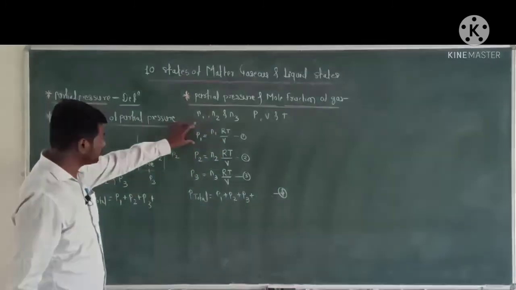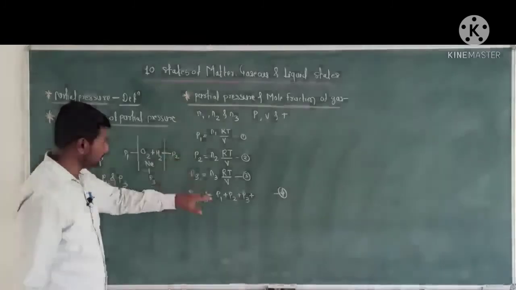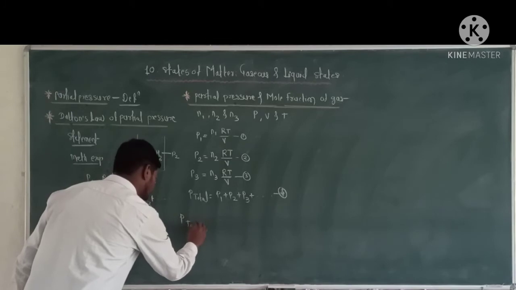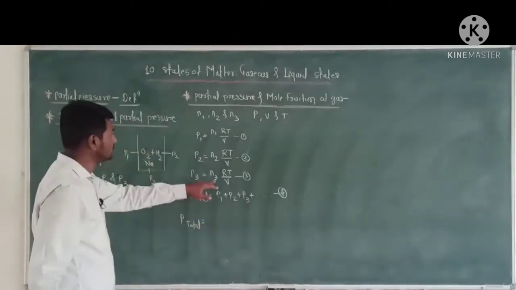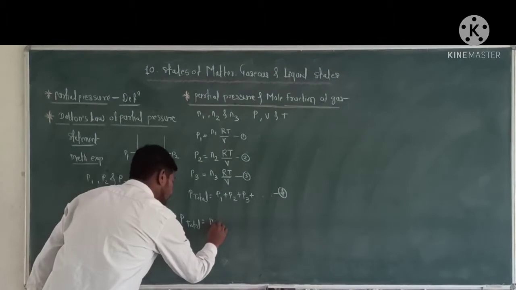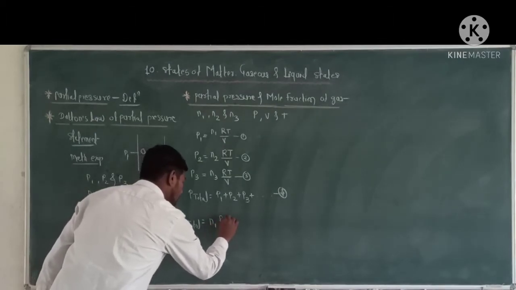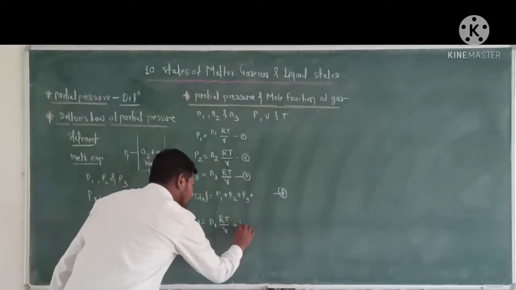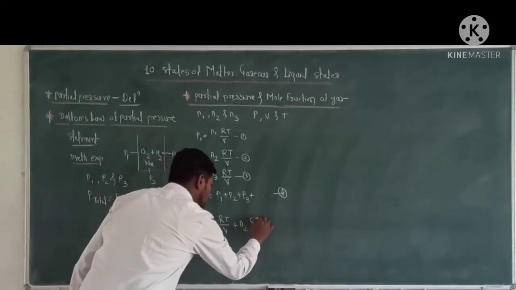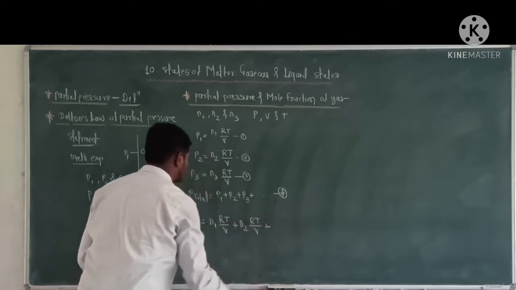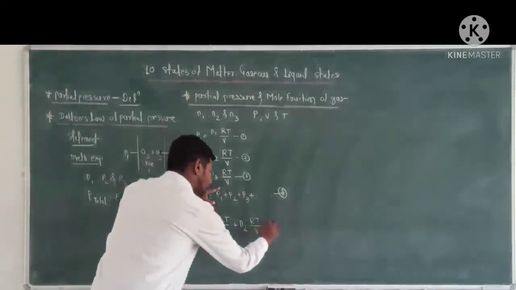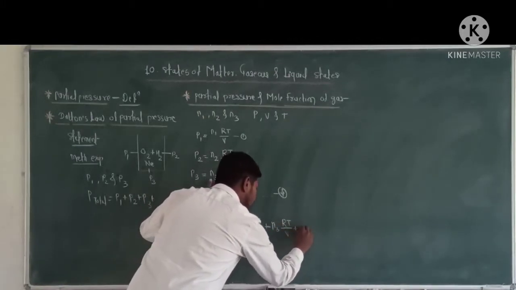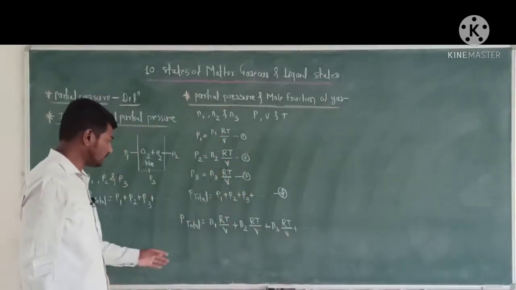Now put the values of P1, P2 and P3 in this equation, we get the new equation, that is P total is equal to n1RT upon V plus n2RT upon V plus n3RT upon V plus so on.